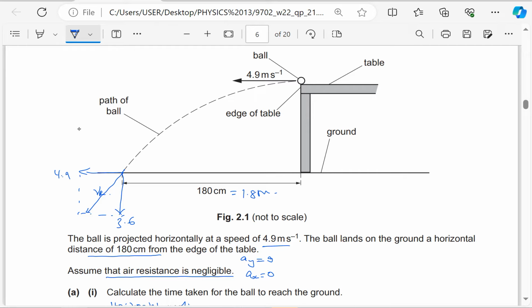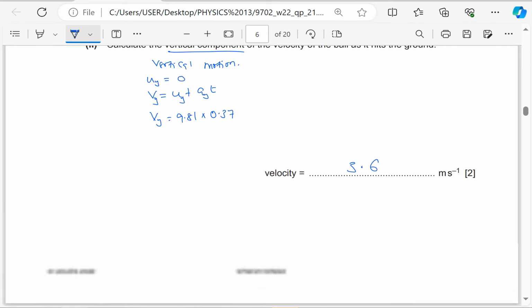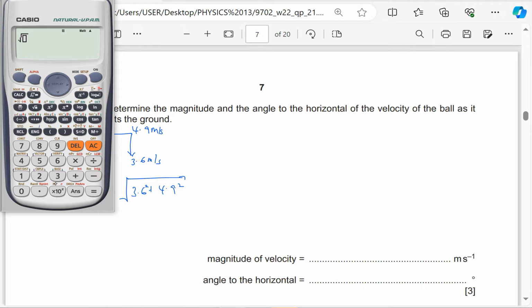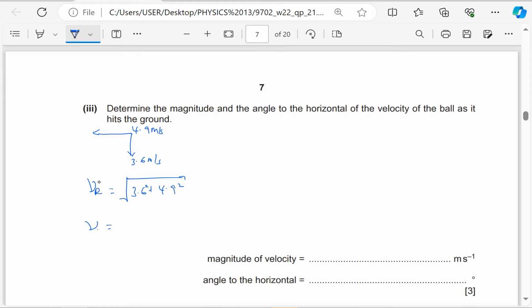V resultant is the square root of 3.6 squared plus 4.9 squared, which gives us 6.1. So V resultant is 6.1 meters per second.